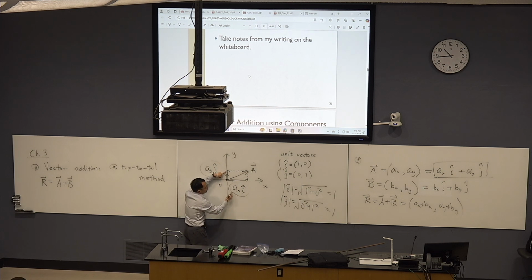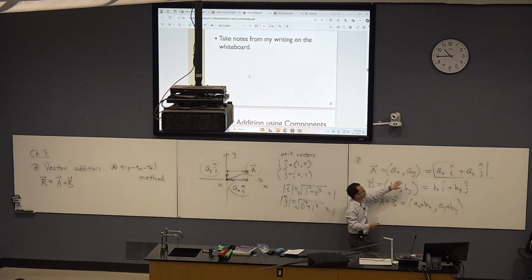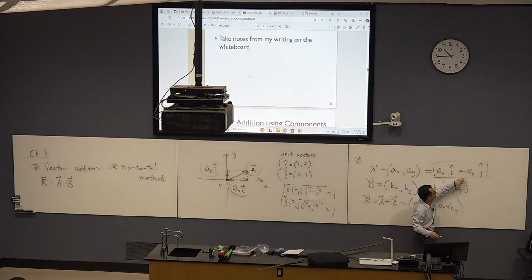AX times I hat is this, AY times J hat is this, and when you do the vector sum, you consider these two vectors as two adjacent sides of a parallelogram. In this case, it's a rectangle. Then you connect from the common vertex to the opposite vertex and draw an arrow, and that arrow is your vector A. That's what we meant by getting the sum of AX I hat plus AY J hat.